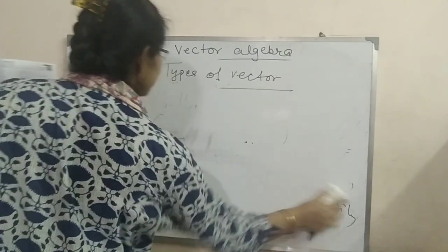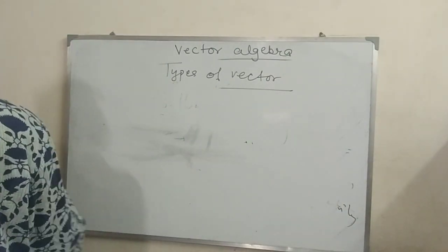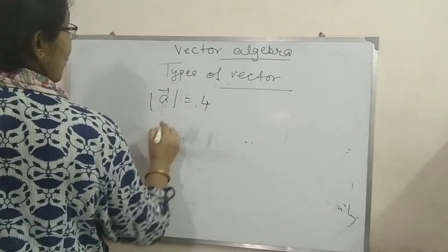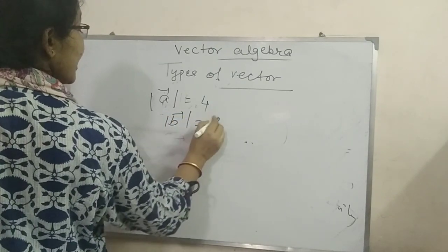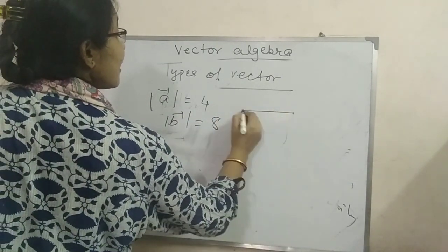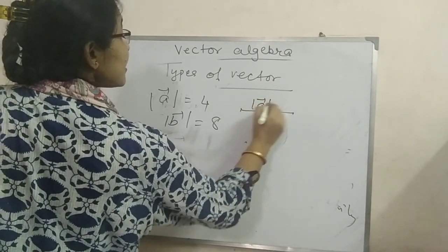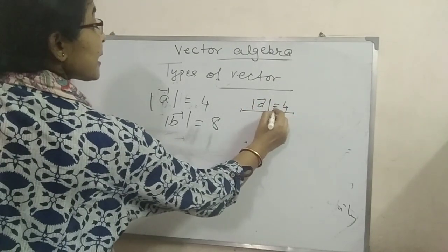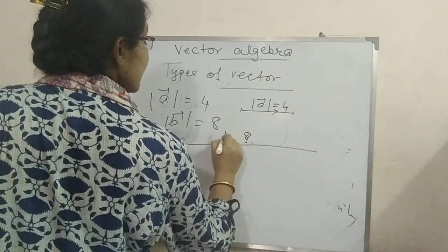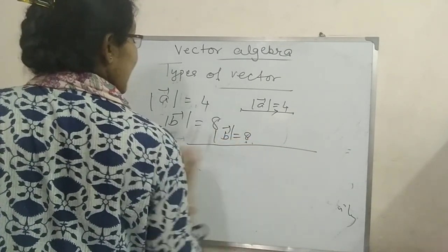Example: if magnitude of vector A equals 4 and magnitude of vector B equals 8.